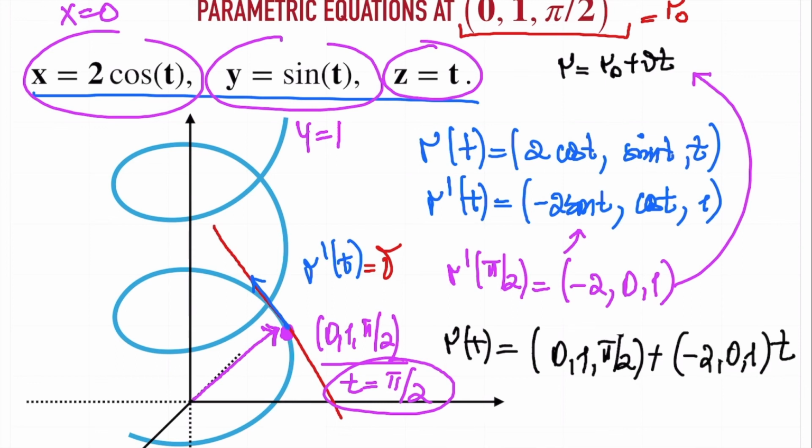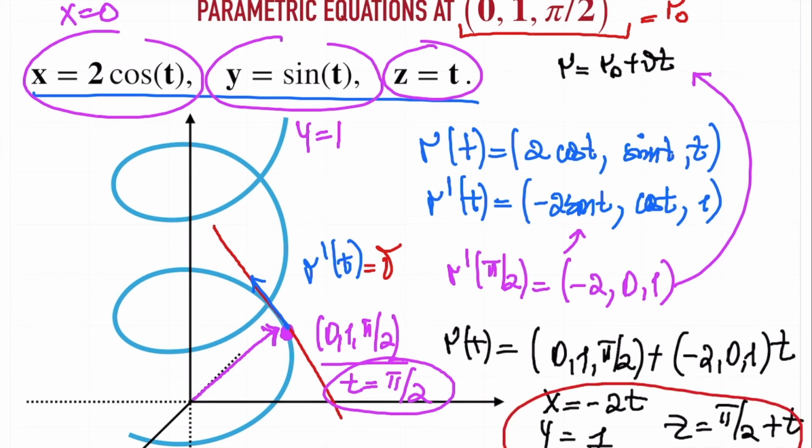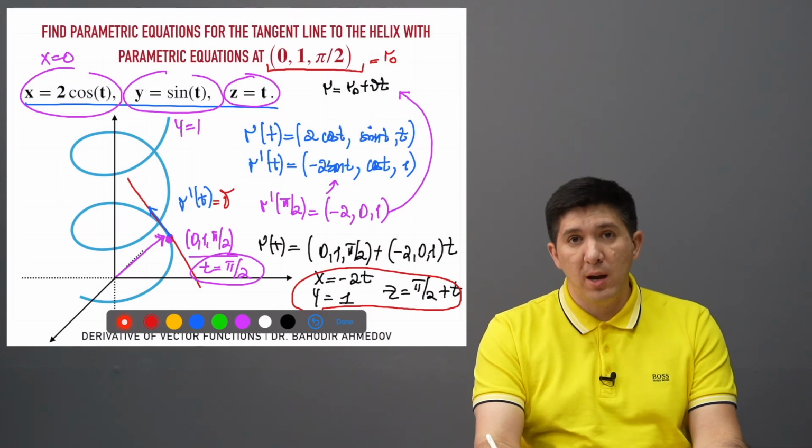Well, the parametric equation of this line is x equal to minus 2t, y is going to be simply 1, and z is going to be equal to pi over 2 plus t. So that's going to be the parametric equation of the tangent line to the helix at the point t equal to pi over 2.